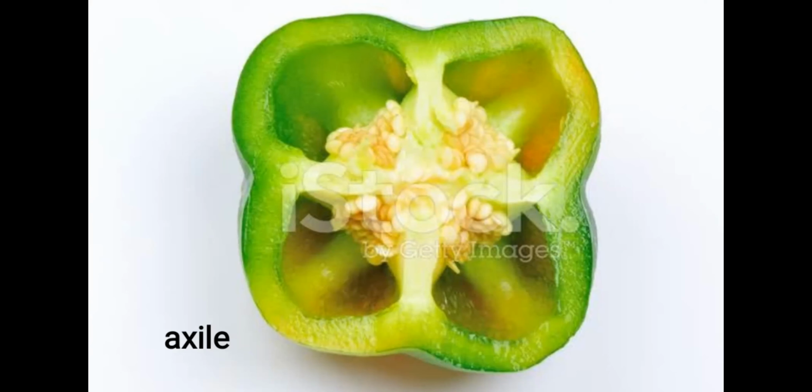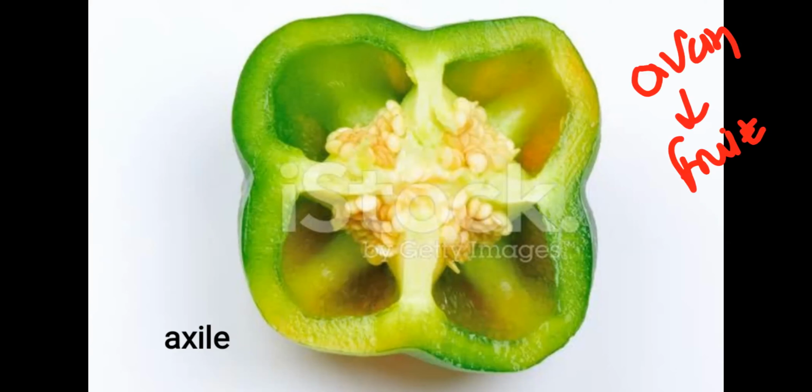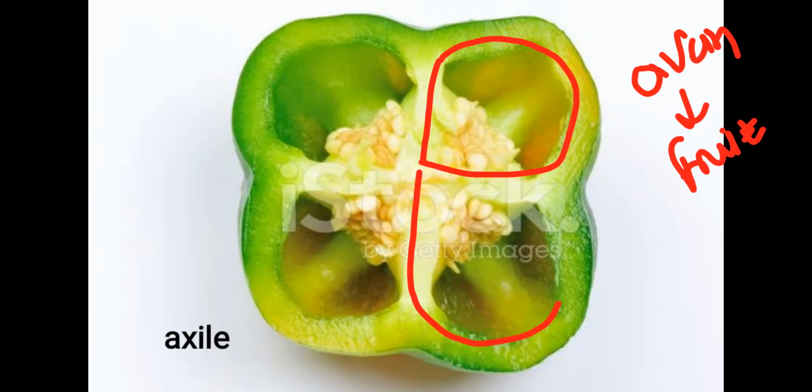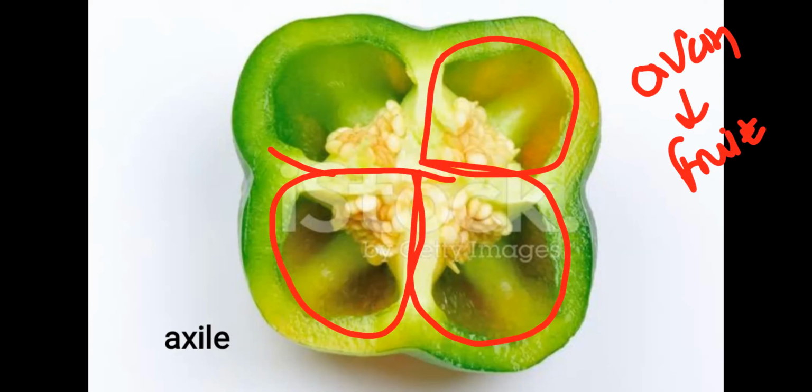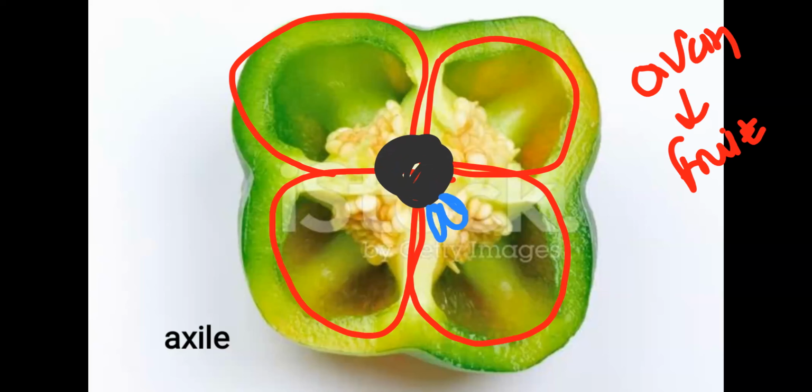You know that the ovary converts into fruit. See, one ovary, second ovary, third ovary, fourth ovary. And here at the center, the placenta is formed, on which the ovules are arranged.